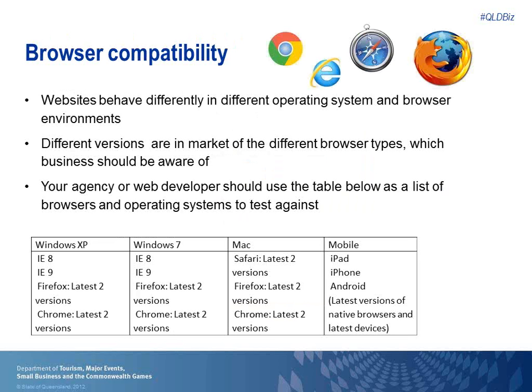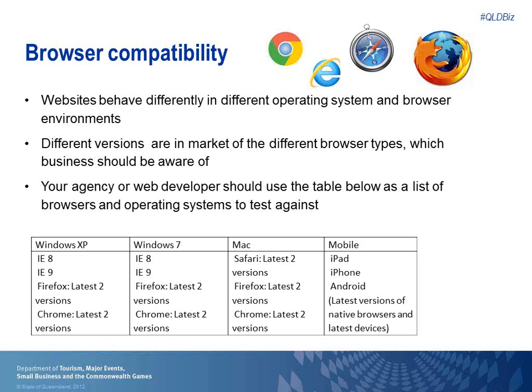Browser compatibility. Another consideration for your website is ensuring that it will look how you want it to across the range of browsers that are available. This is because websites can behave differently in different operating systems and browser environments.